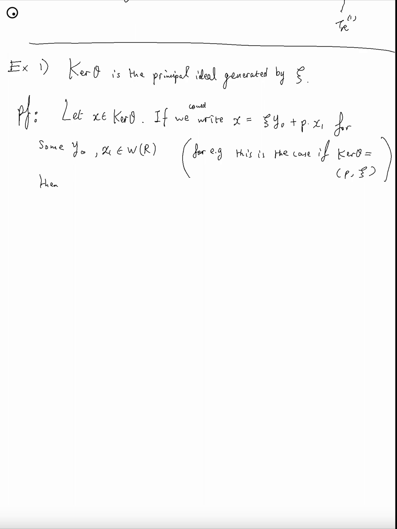Then we notice that theta of x equals p times theta of x1, because theta of c equals 0 and theta is a ring map.